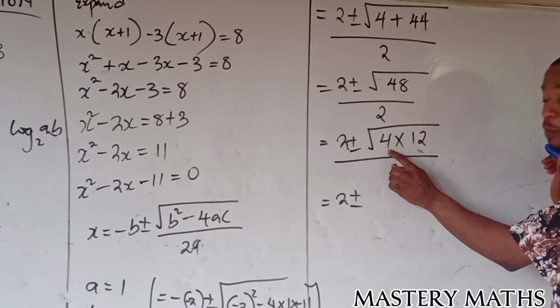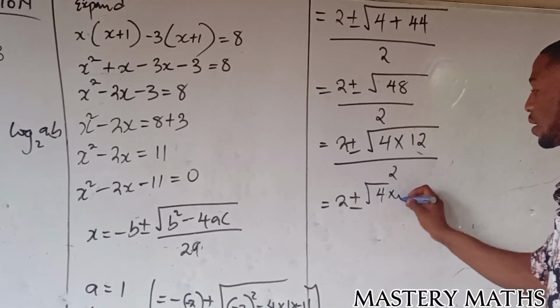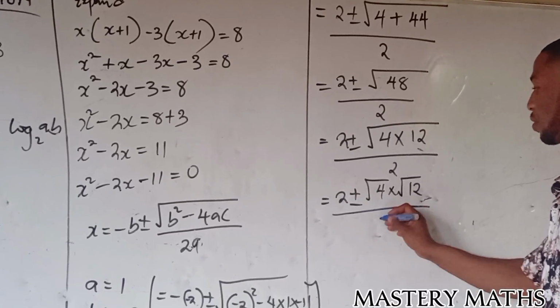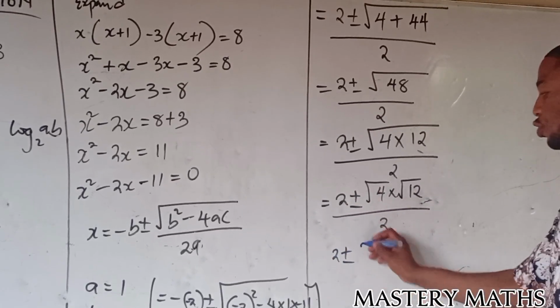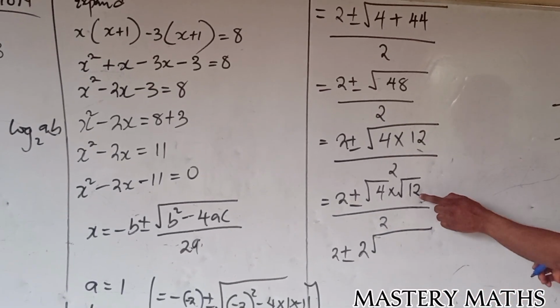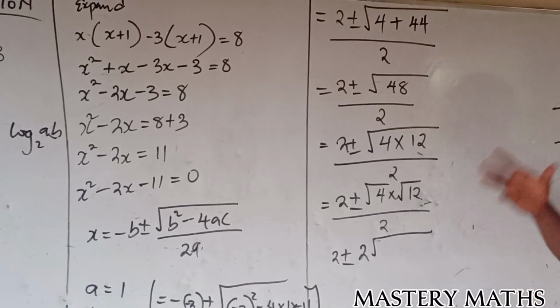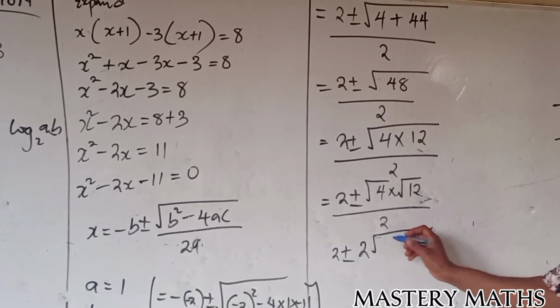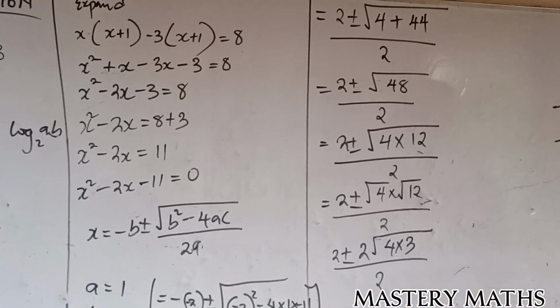Square root of 4 is 2. Now, this root 12 can be split into 4 times 3 all over 2.